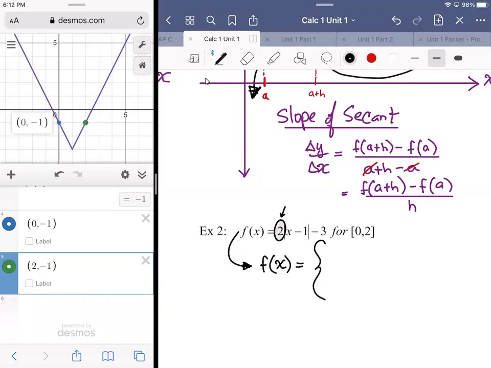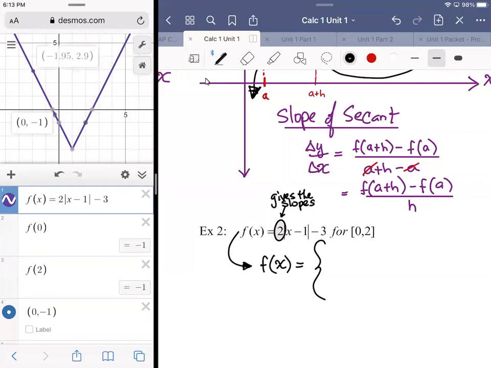So this gives the slope. Both of them, just one of them is going to be positive and the other is going to be negative. This piece is going downhill, so that's going to have a slope of -2. So -2x minus 1, because again, the y-intercept is -1.